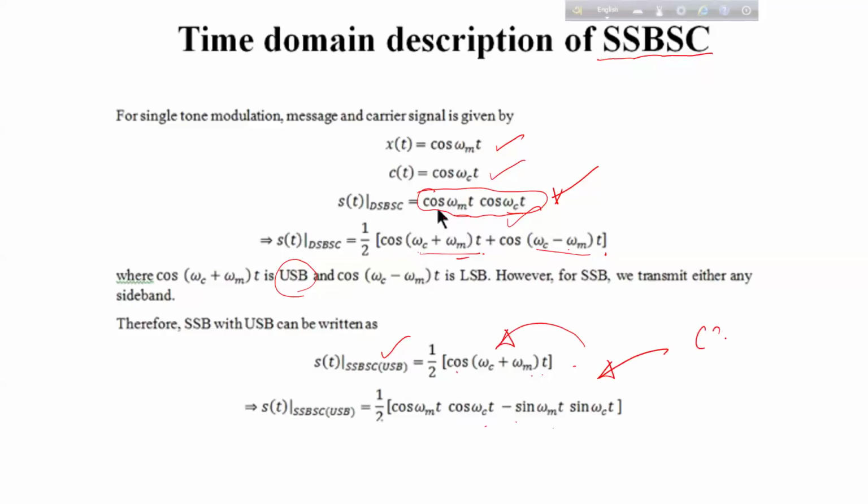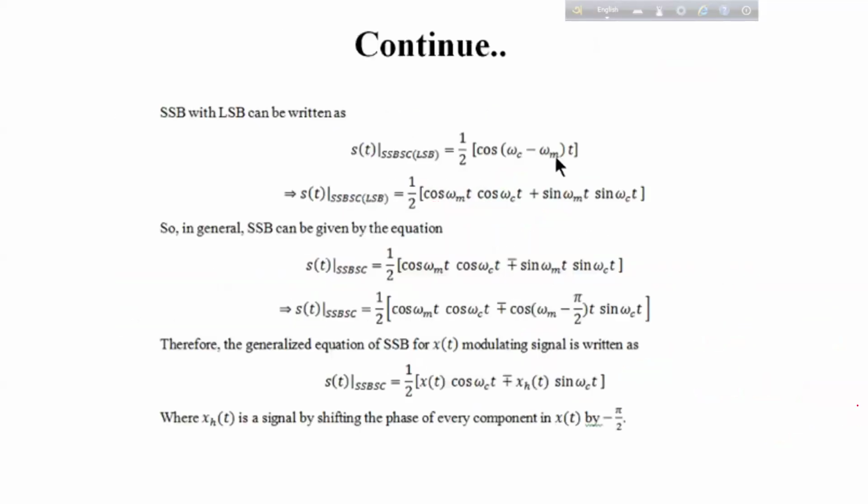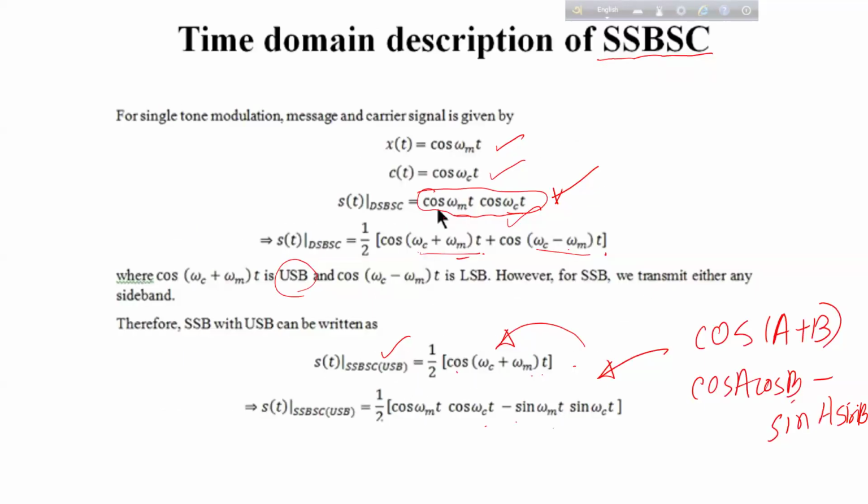This is the formula for cos a plus b: cos a plus b is equal to cos a cos b minus sin a sin b. So this is the formula for the upper sideband.